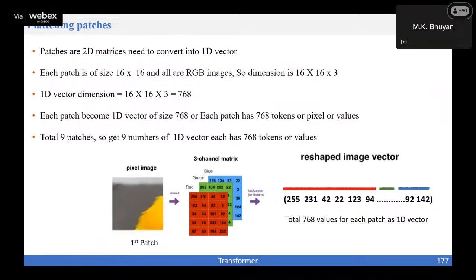That means the 768 tokens, or the pixel values. Since we have 9 patches, to get 9 1D vectors, we have to multiply 768 into 9 for the 9 patches.